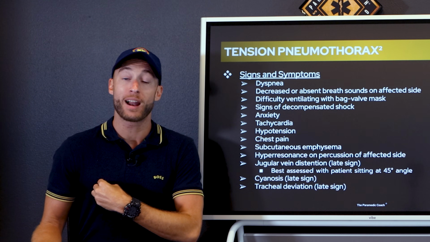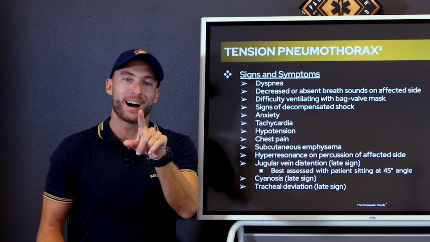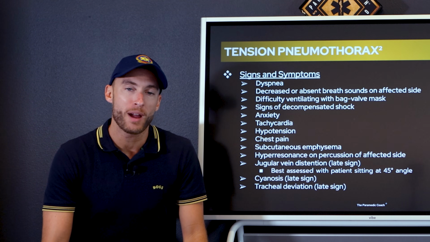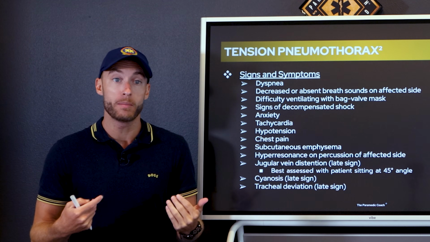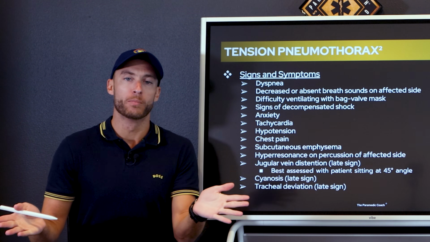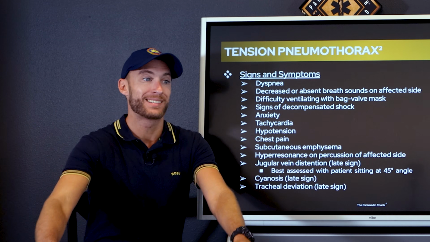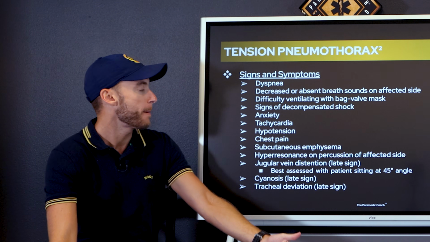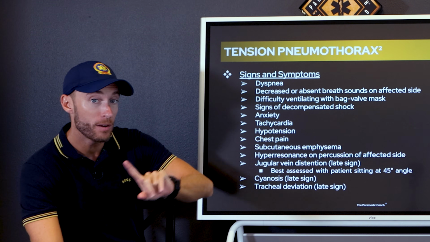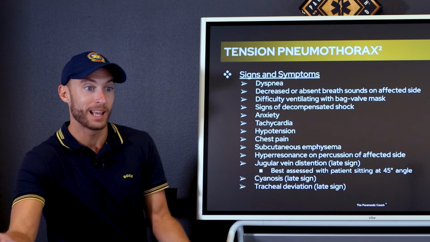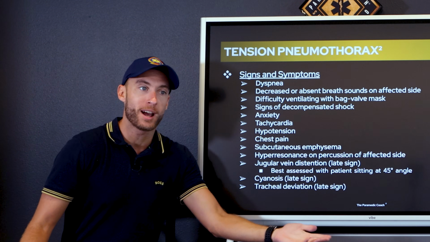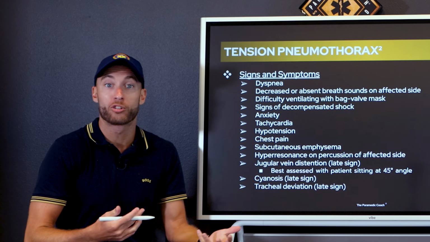You listen over here, I don't hear anything. On exams, diminished or absent lung sounds on one side, unilaterally, just close the books. It is pneumothorax. On one side, we don't hear anything, oh, pneumothorax. The question is, is it stable pneumothorax, or is it tension pneumothorax where our vitals and shock are occurring?